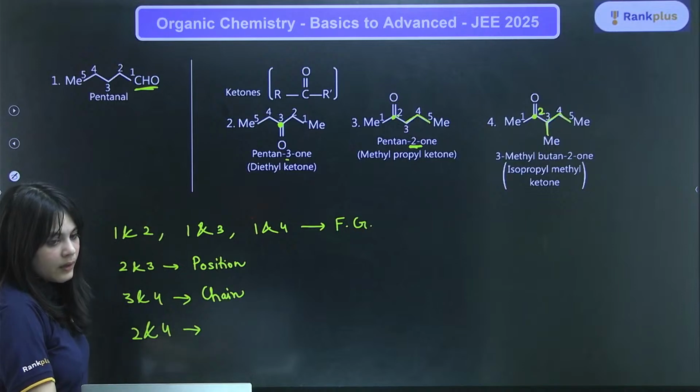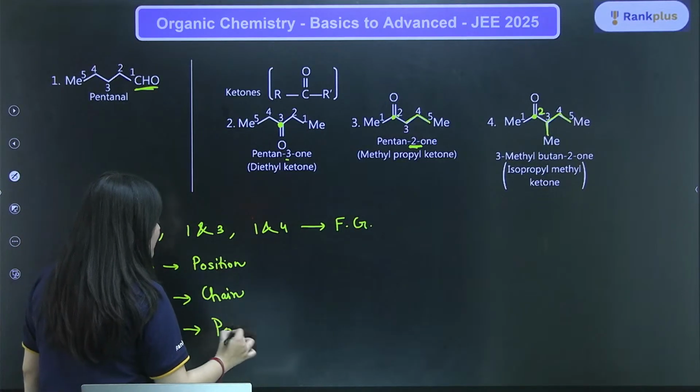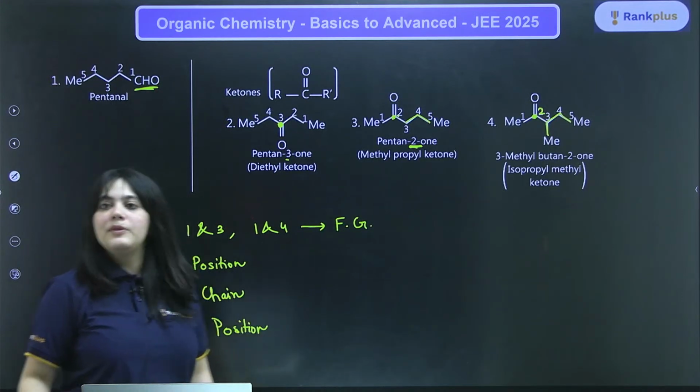Position. 2 and 4 are position isomers. Absolutely, these are absolutely position isomers. Absolutely beautiful.